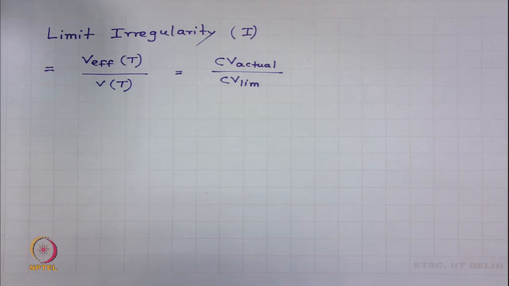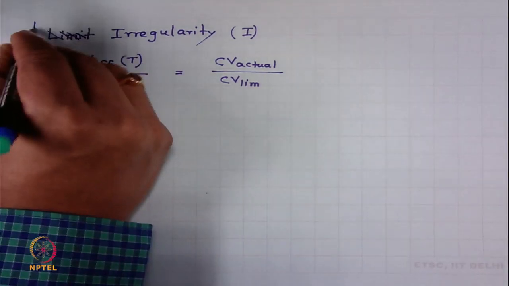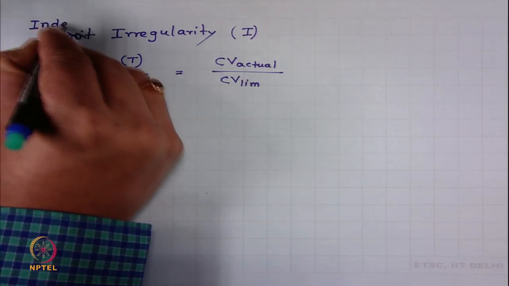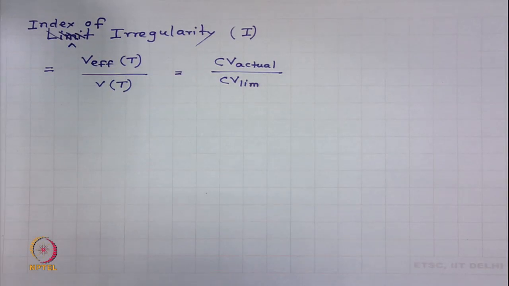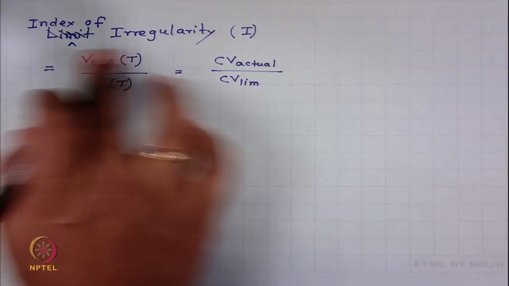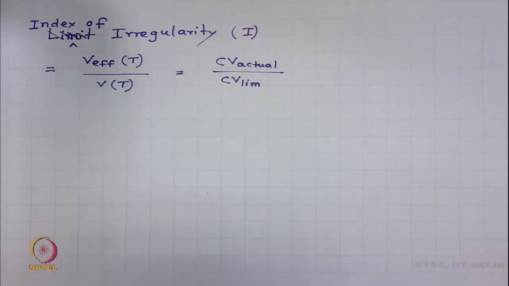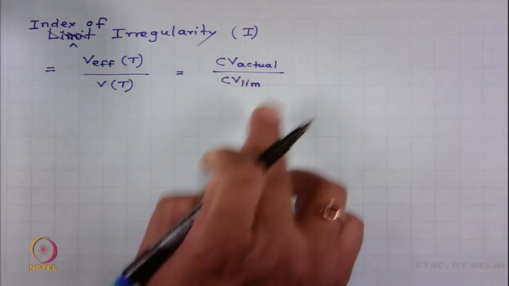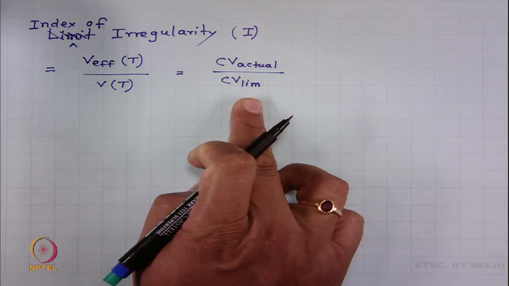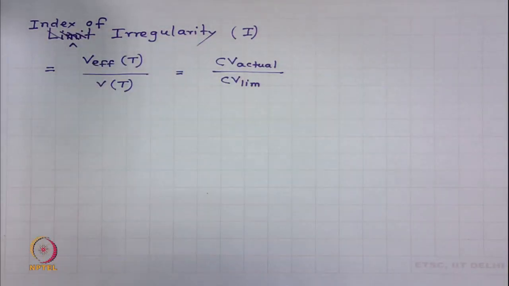So, it is not limit irregularity, it is index of irregularity. I am sorry. This is index of irregularity. So, index of irregularity I is defined by actual CV by limit CV. Uster tester measures actual CV, limit CV can be obtained from Martindale's equation. If we divide, then we obtain index of irregularity.